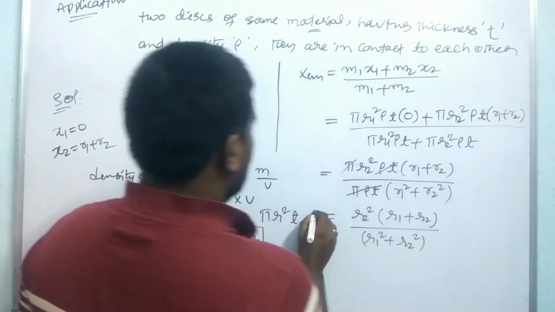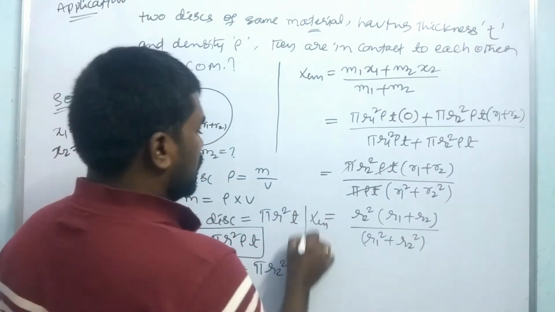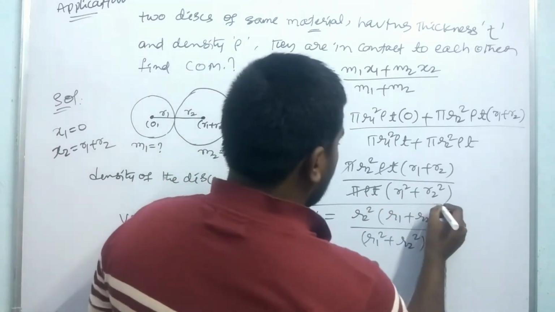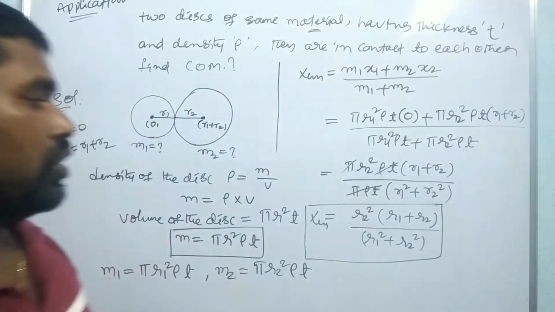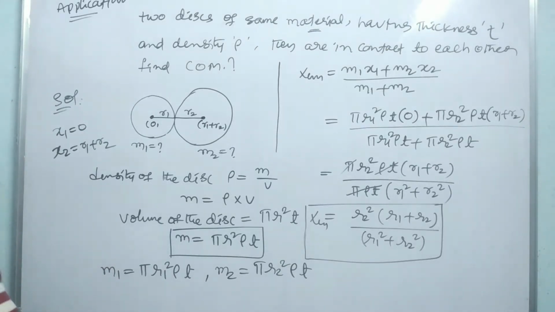So this is the center of mass of the two circular discs, which are made of the same material, having density rho and thickness t, and which are in contact with each other.